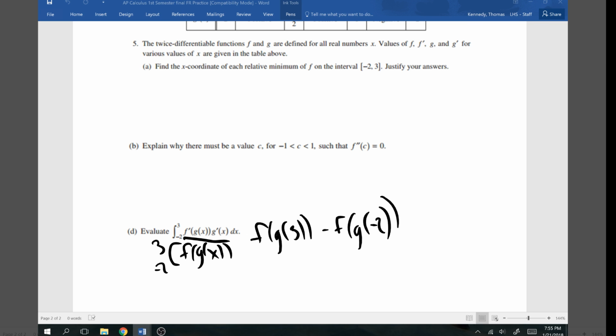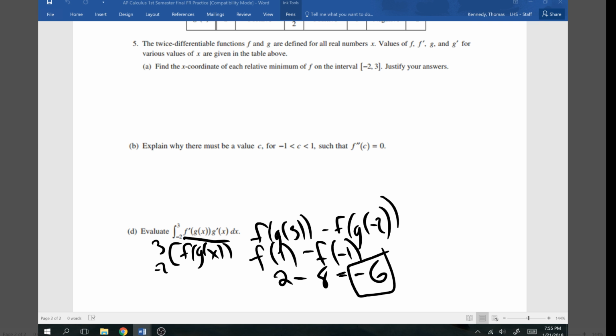I actually showed really good work on this one, because I found g of 3 and said I got f of 1 minus g of -2 is -1, so f of -1. And you just get 2 minus 8 equals -6, and booyah.